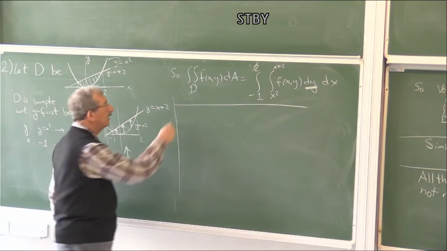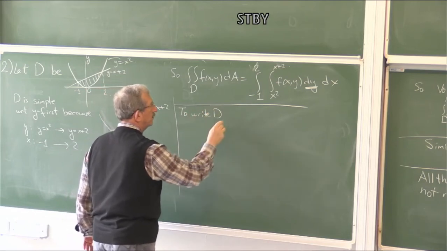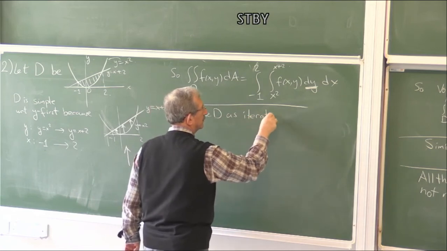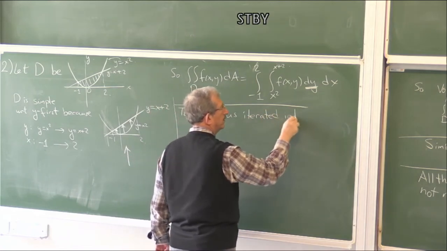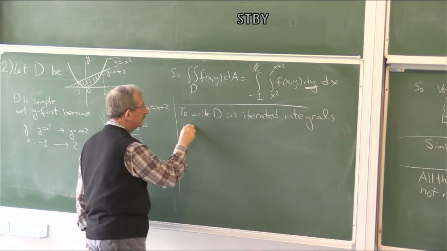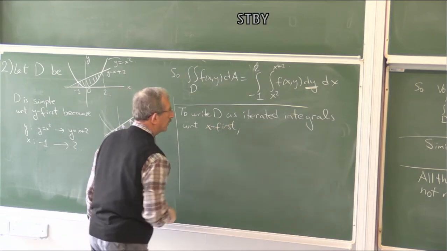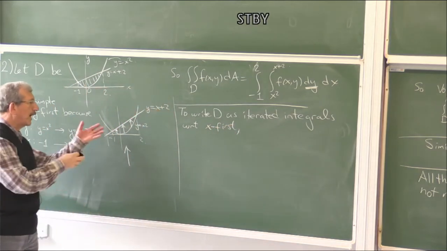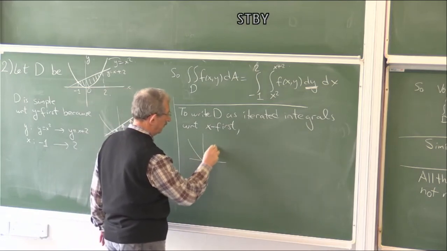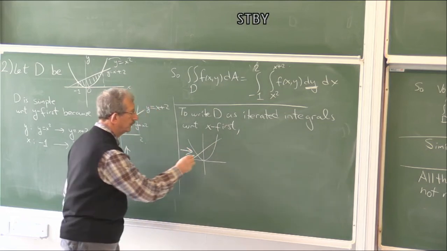Okay. Now, to write D as iterated integrals with respect to x first, we look at the picture. We are looking in this direction now.